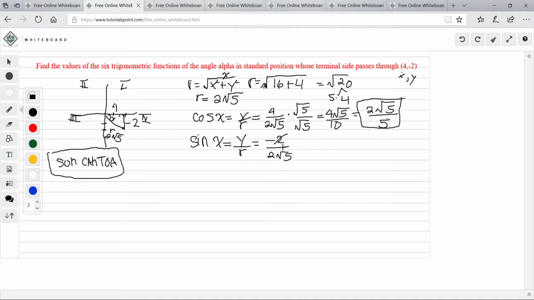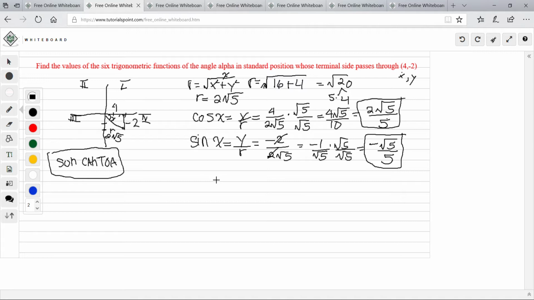The 2s cancel, so you're left with -1 over root 5. Let's rationalize the denominator by multiplying by the square root of 5 top and bottom. You're left with negative square root of 5 over 5. That is our sine alpha.